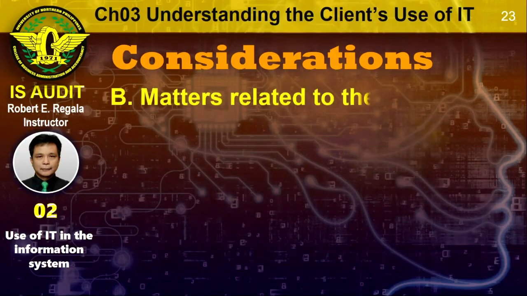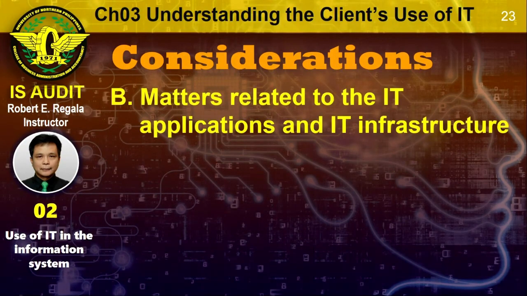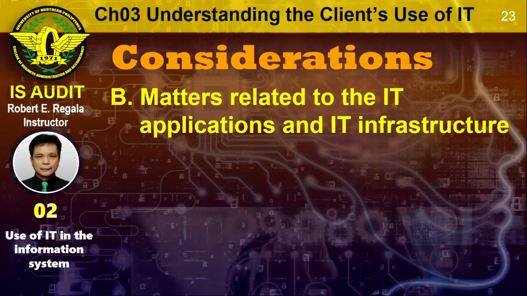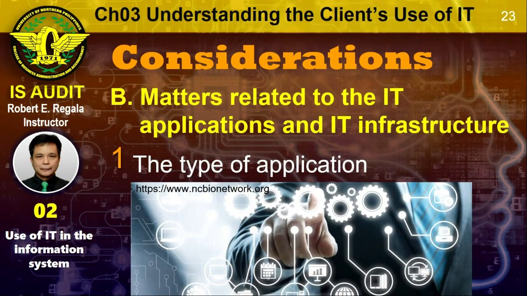B. Matters related to the IT applications and the IT infrastructure. 1. The type of application. For example, a commercial application with little or no customization, or a highly customized or highly integrated application that may have been purchased and customized or developed in-house. For non-complex implementation, this is usually a purchased application with little or no customization.